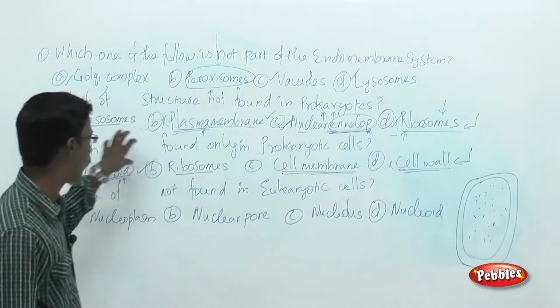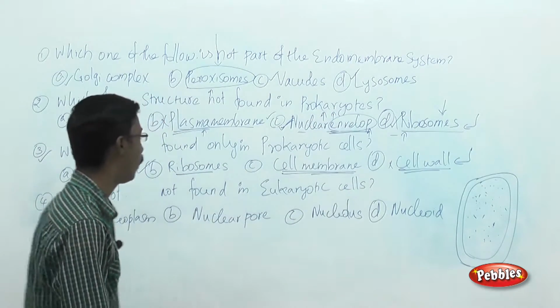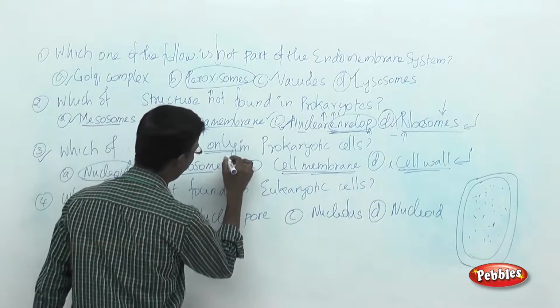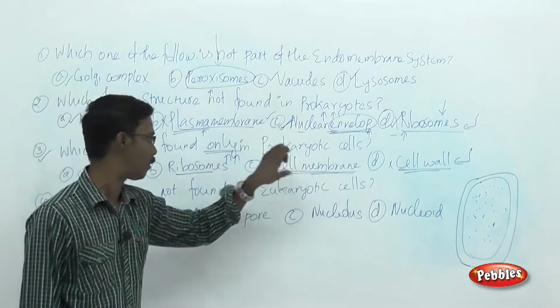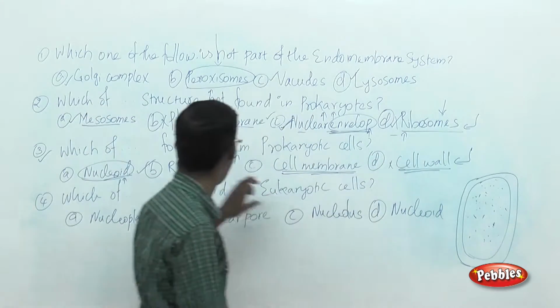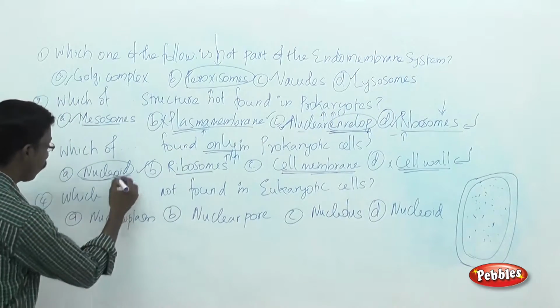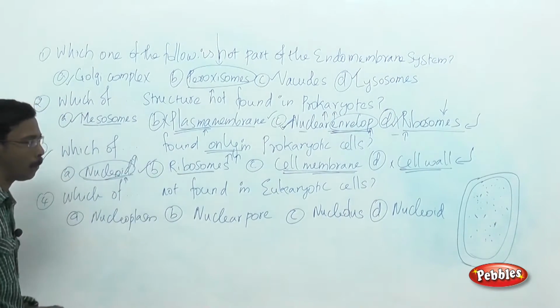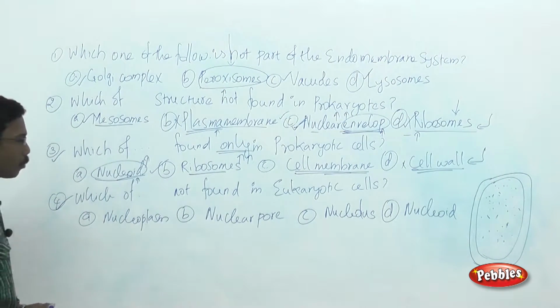The point you have to remember over here: which one of the following structures is present only in, okay, you have to understand the question very correctly. Only in prokaryotic cells. Cell membrane is present in both prokaryotes and eukaryotes, cell wall is present in both, ribosomes are in both, the nucleoid is present only in the prokaryotic cells. Okay, see the last question.